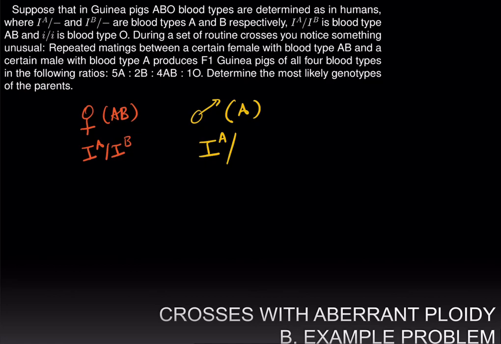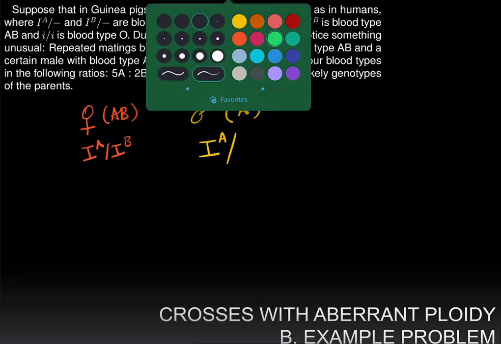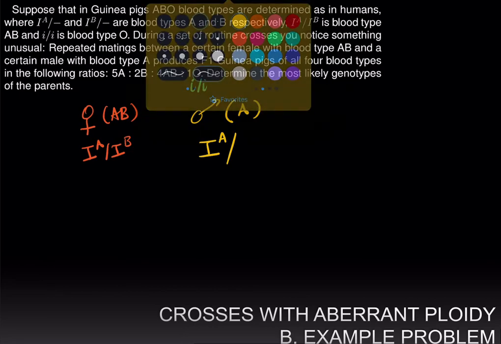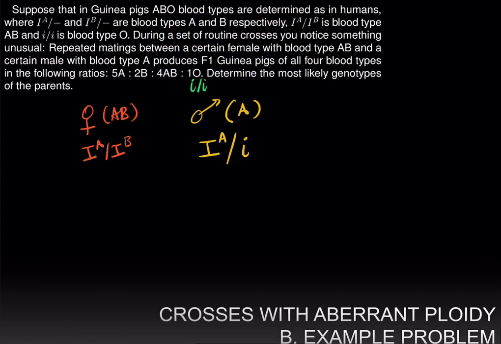However, the progeny have blood type O. That means this progeny are little I, and therefore both the parents must have a little I allele. That makes the female at least a trisomic and the male diploid.